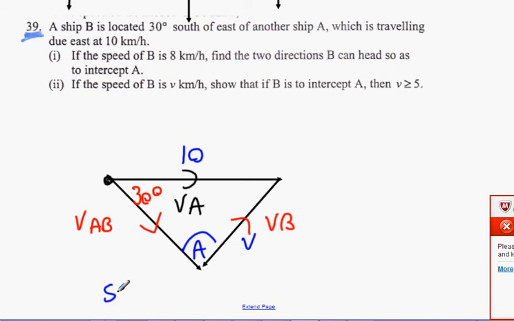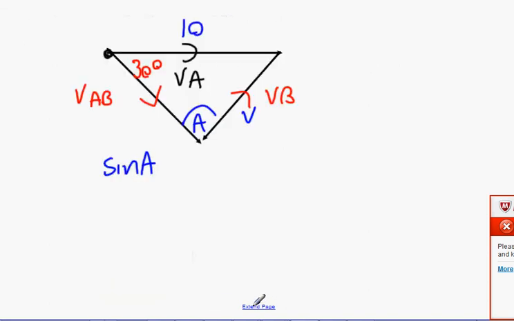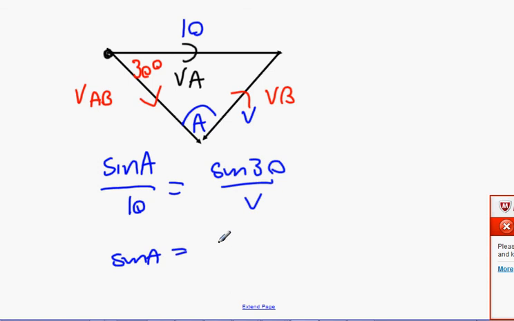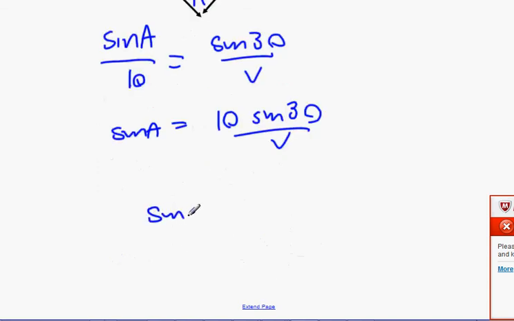Sine rule: sine A divided by 10 equals sine 30 over V. Sine A therefore equals 10 sine 30 all over V. Sine A equals 5 over V.